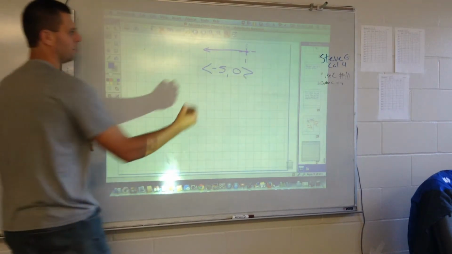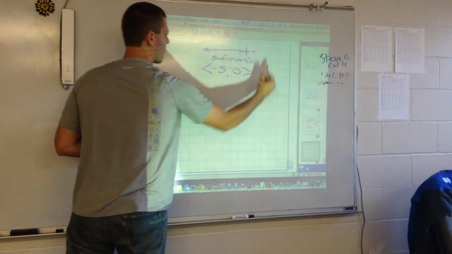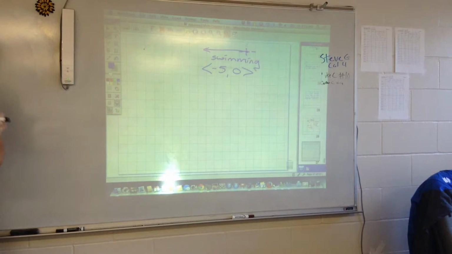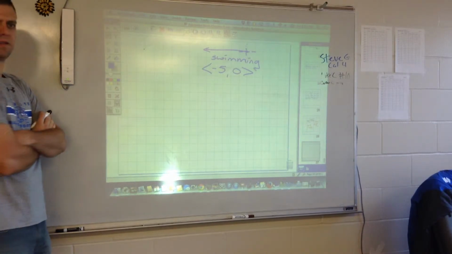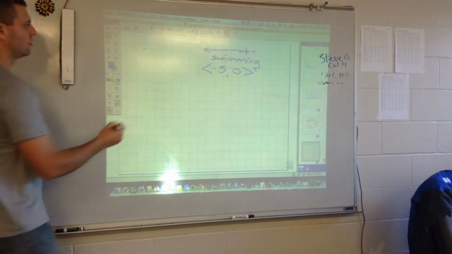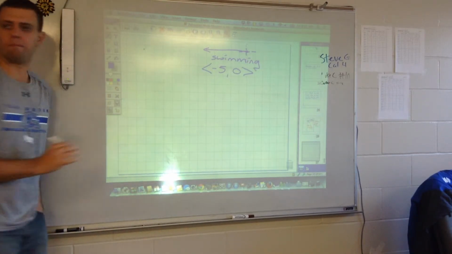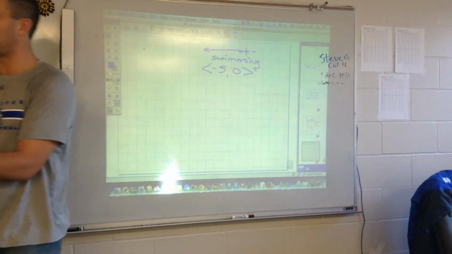This would represent the swimming vector, right? What is the current vector? Just the current. I'm completely separating myself. I'm thinking of each vector individually.